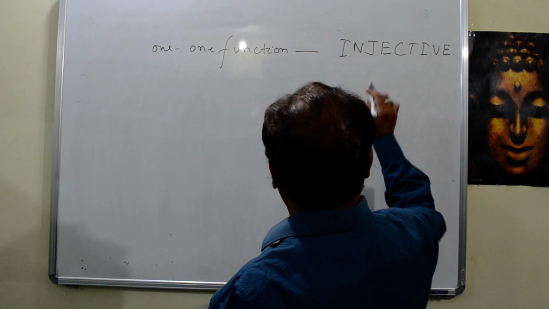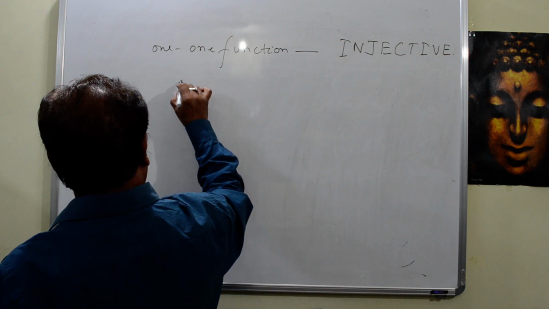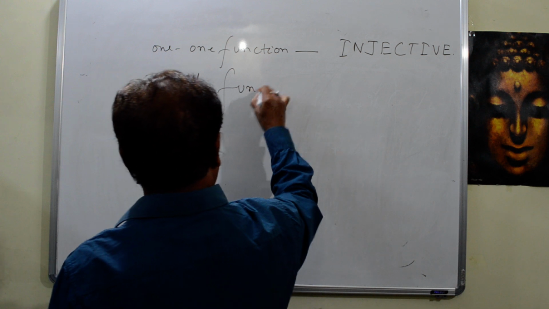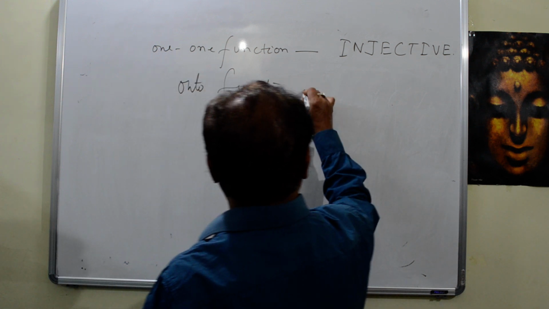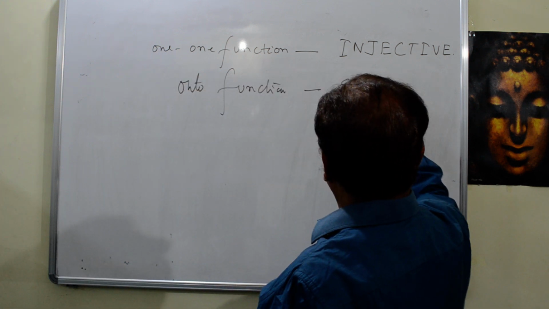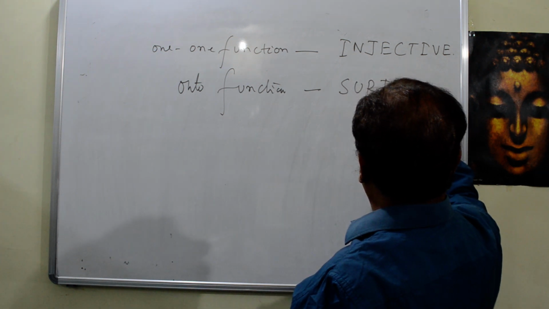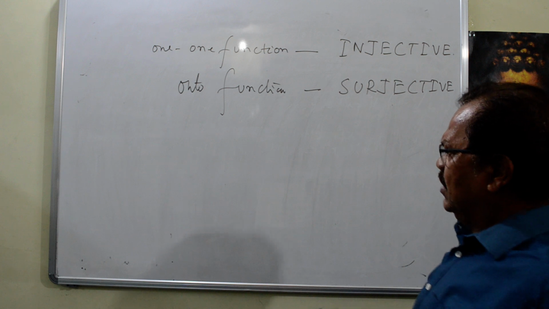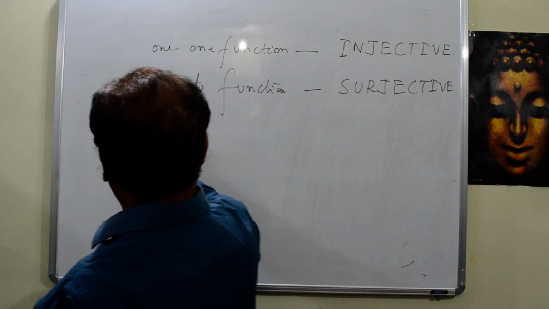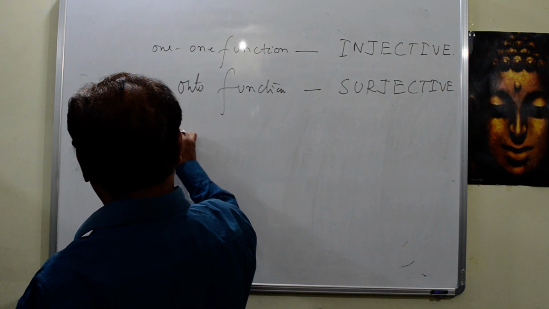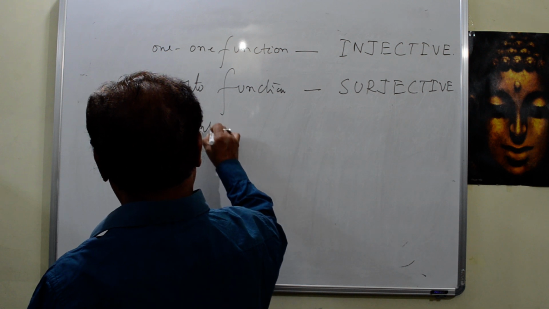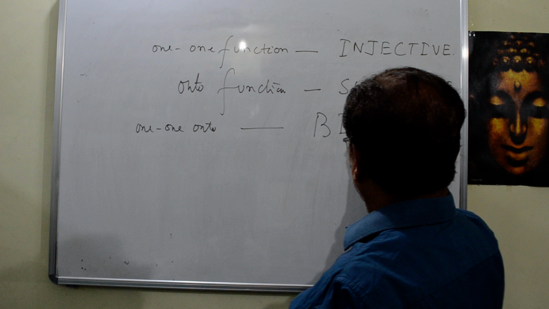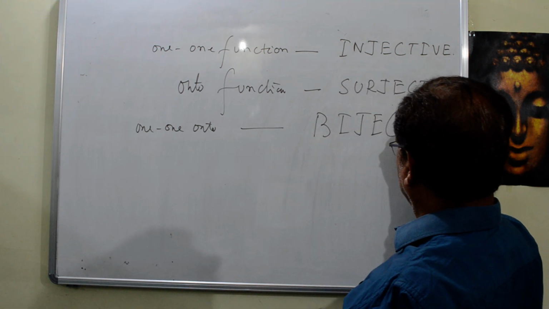So this is injective. Now second, an onto function is known as surjective. This is an onto function. Now if the function is one-one onto, it is called bijective. So mind it, be careful, bijective.